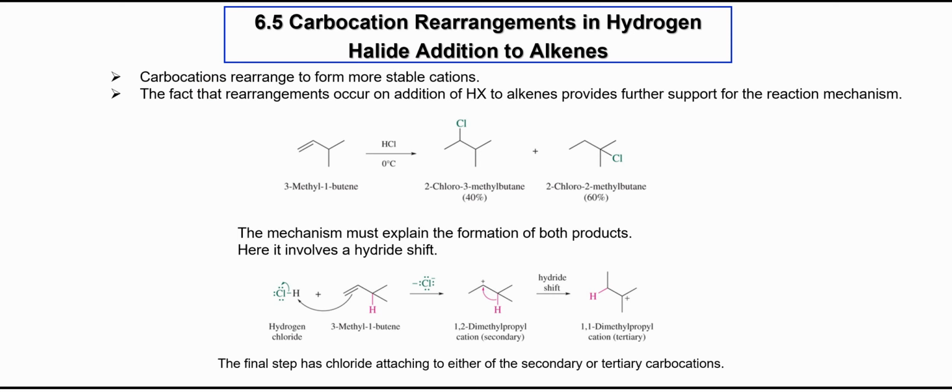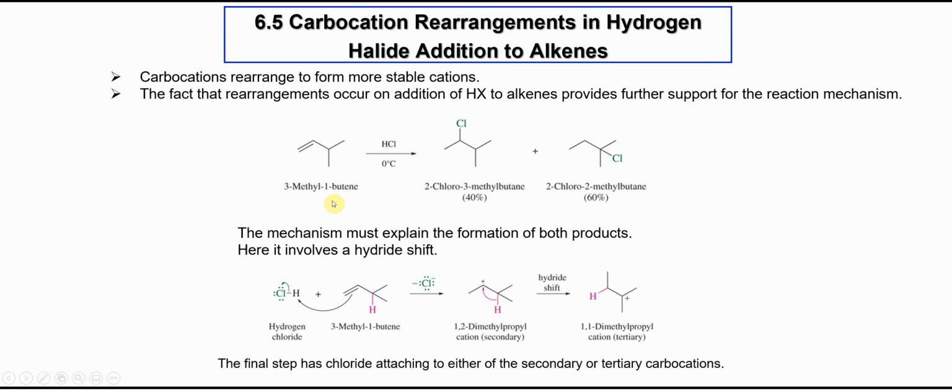Otherwise, the carbocation will rearrange to form a more stable cation. The fact that rearrangement occurs on the addition of hydrogen halides to alkenes provides further support for the reaction mechanism. We are going to show you a couple of mechanisms.